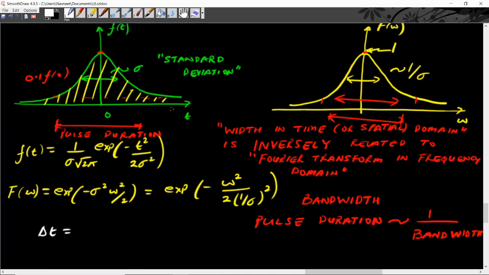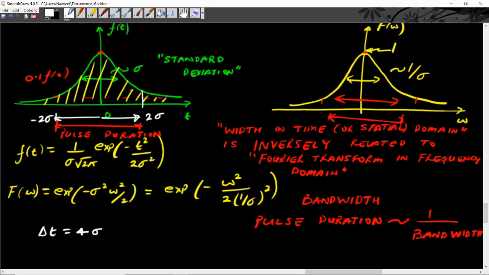duration as, so this width is about 2 standard deviations, so 2 sigma. So the pulse width over here from minus 2 sigma to 2 sigma is 4 times sigma.